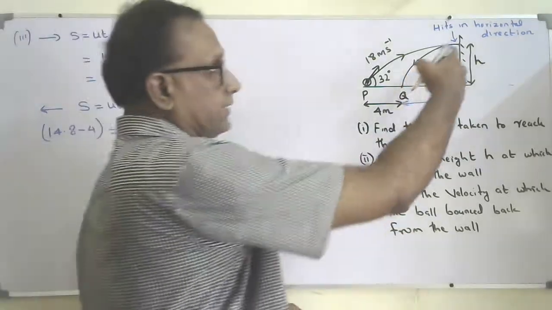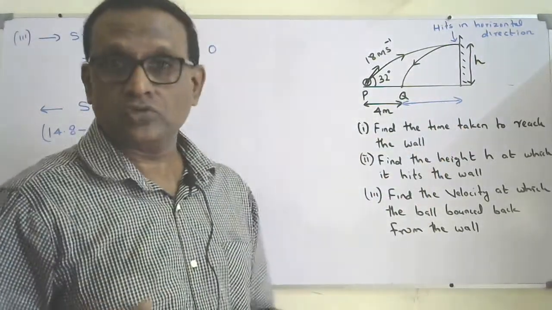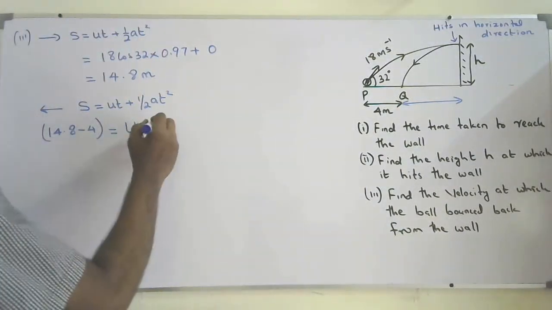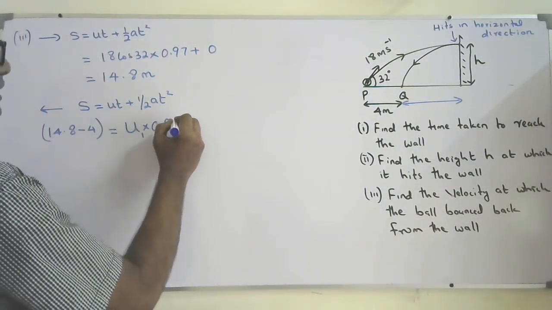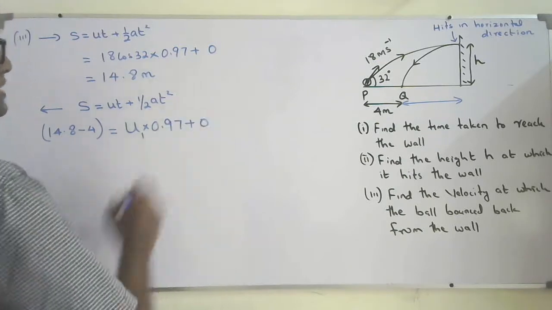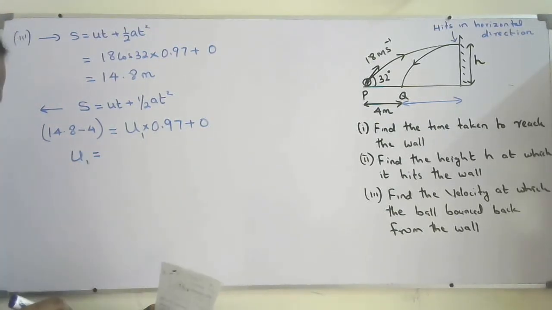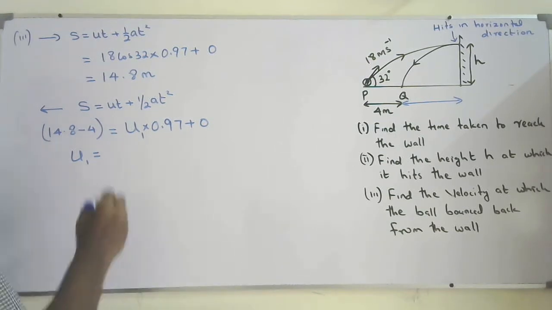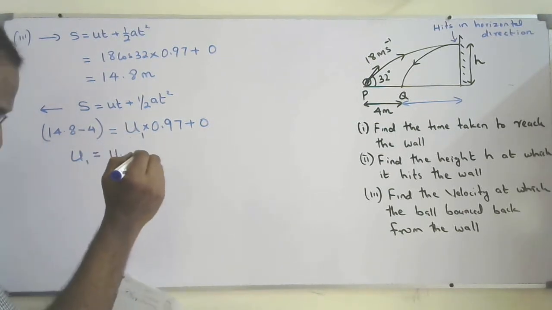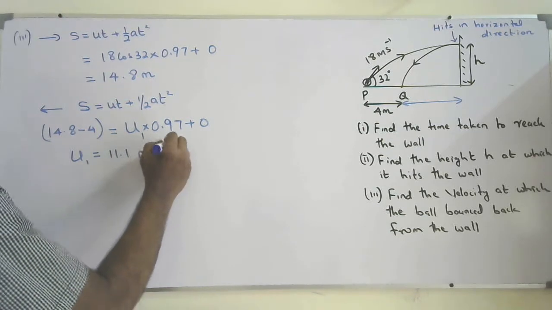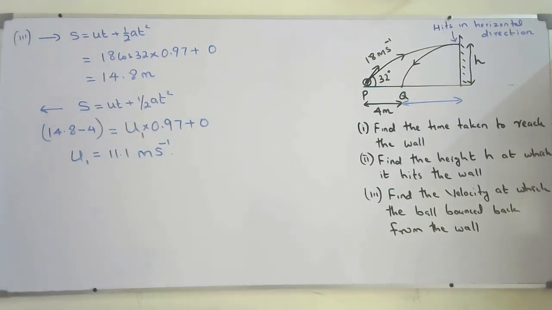I already told that the time taken to reach the point Q after hitting the wall is same as the initial time. So 0.97 plus no acceleration in horizontal direction. So u1 will be 11.13 or 11.1 meter per second.